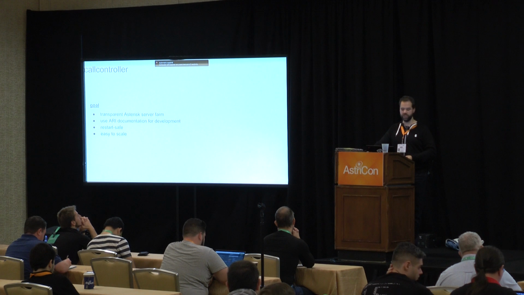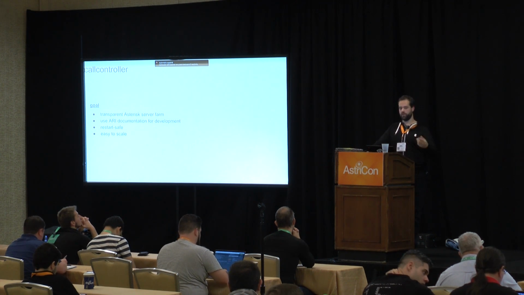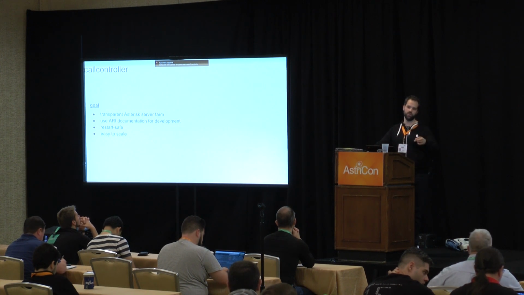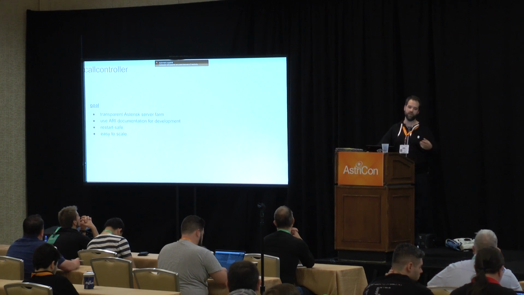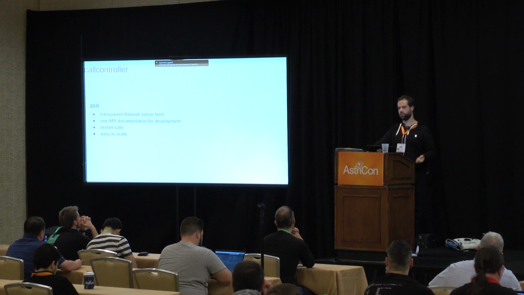Then we want to have a restart safe environment. We get this for free from the framework we use. And we want to have an easy to scale environment. So if we have overdone it lately and the servers have too much load, we can just add another one in order to scale.